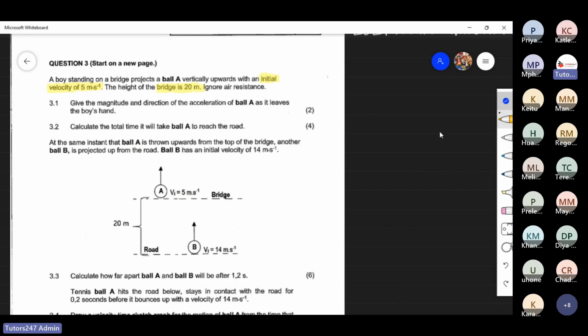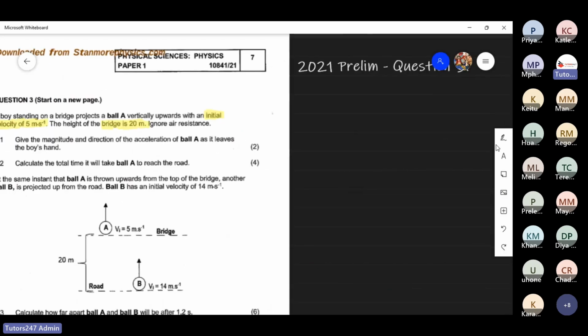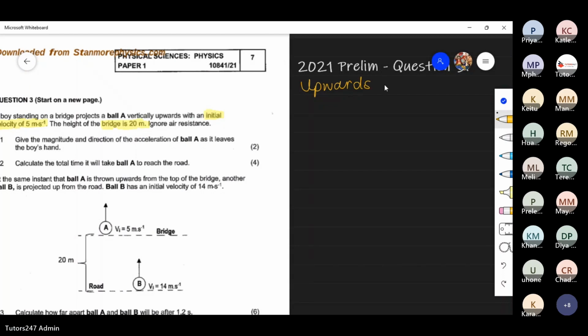The choice of direction is your own. But I prefer to take upwards as positive. So any vector quantity that I'm going to deal with within vertical projectile motion will be upwards positive, downwards negative.